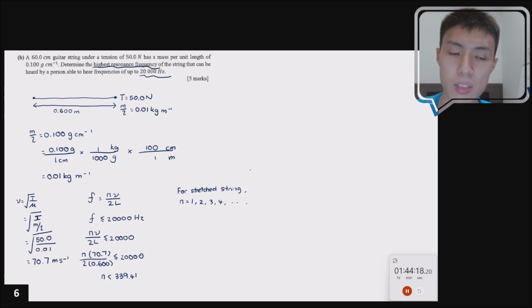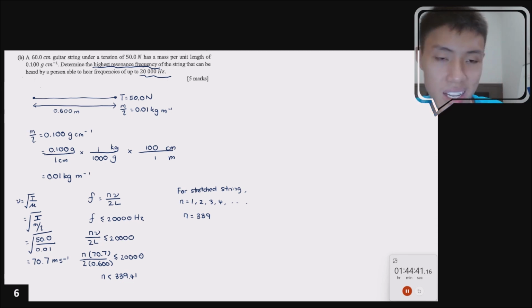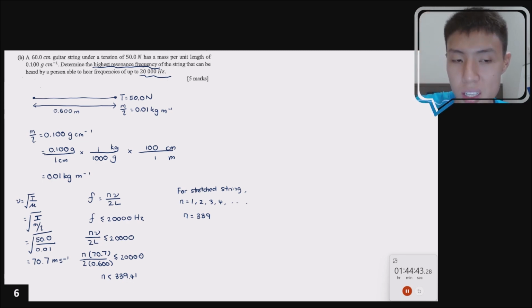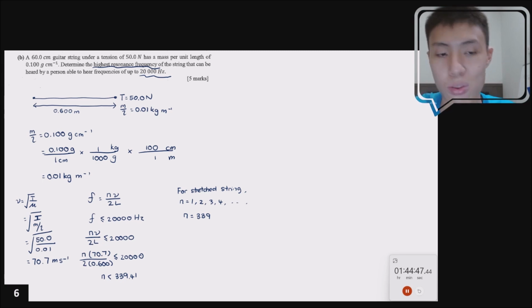Because it must be an integer, the highest n that you can go without the frequency going over 20,000 will be 339. You cannot take 340, because then your frequency will be larger than 20,000 already. So you have to take 339, so that your frequency will be 19,9xx or something like that. If you take 340, your frequency is higher than 20,000.